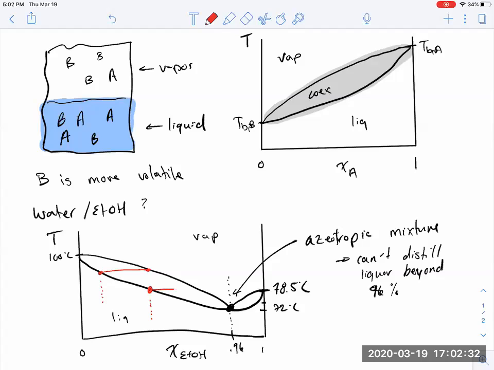It would then boil, producing a vapor enriched with a different composition, more enriched than its original liquid, which we could play again and again in this game until we get to this azeotropic point, at which the vapor has the same composition.